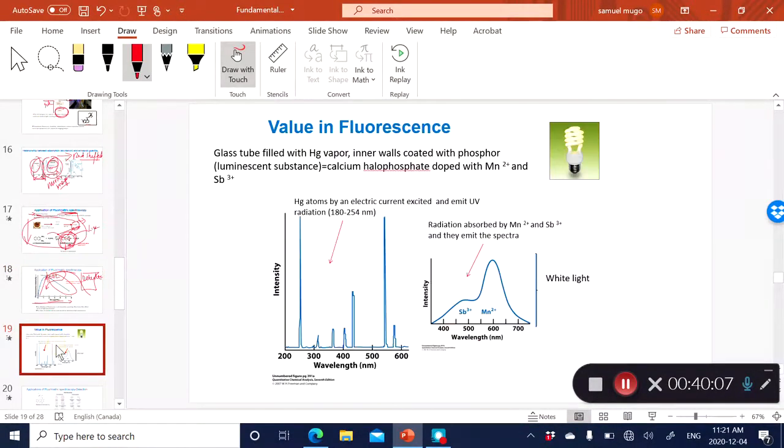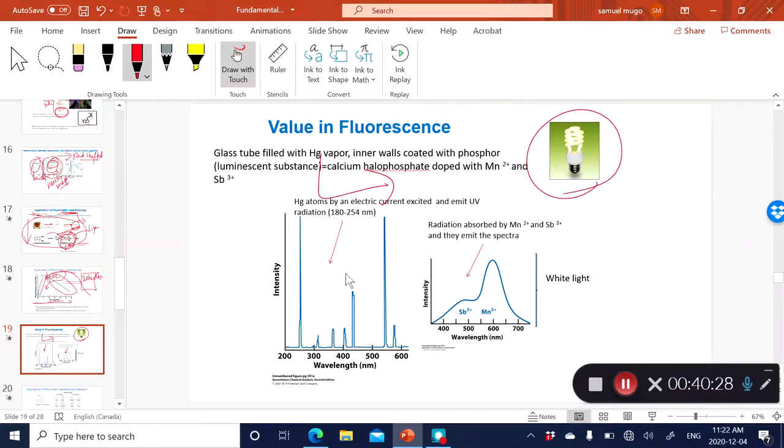Other than detection, fluorescence has also been used widely for other types of applications, such as making fluorescent bulbs, which typically is just a bulb made of mercury. And mercury actually is a fluorescent element.